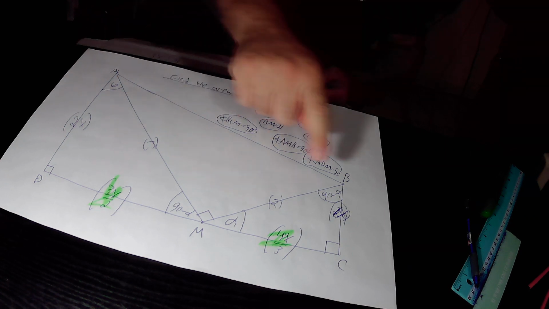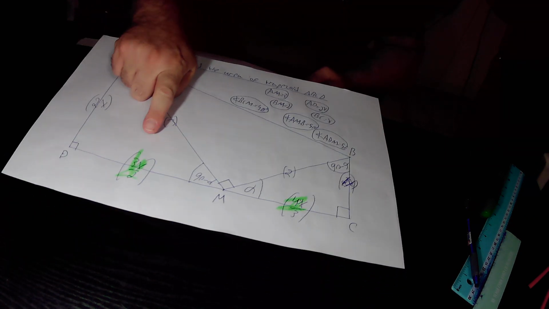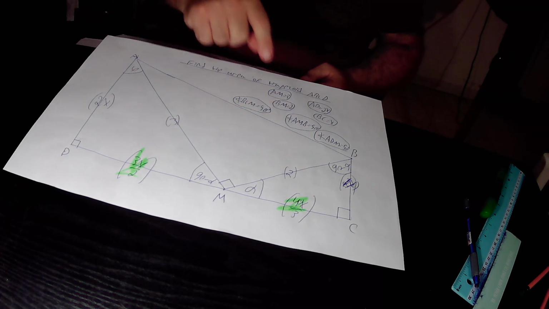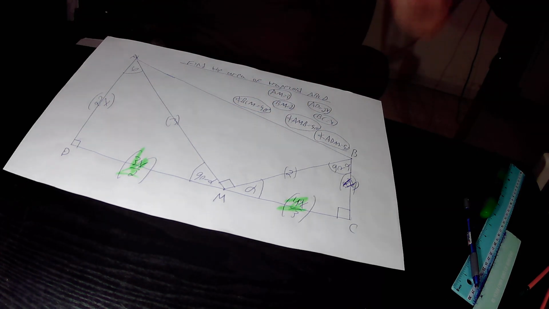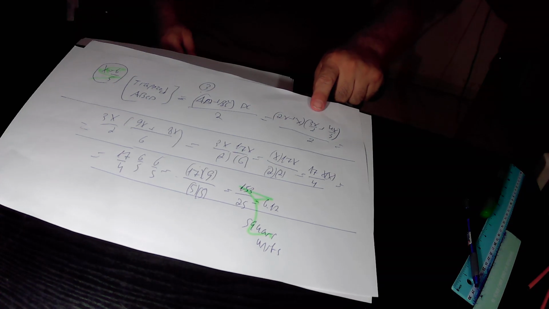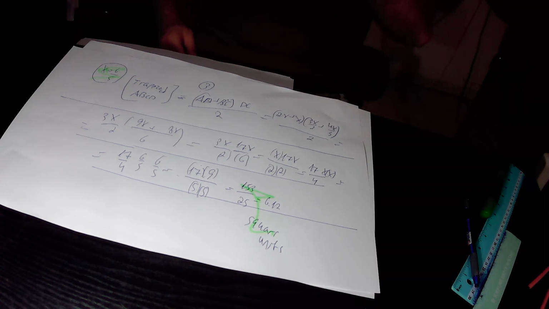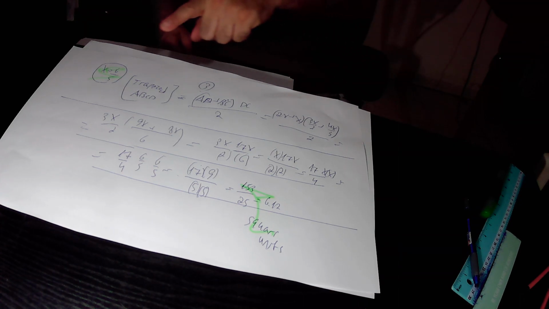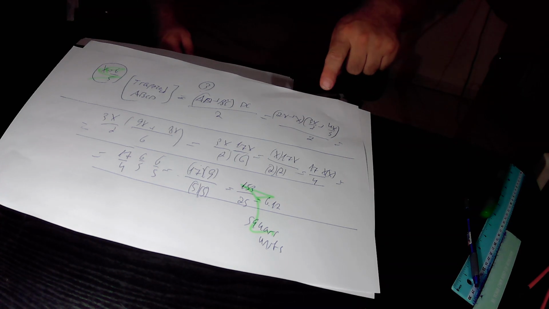times DC. DC in total equals 3x over 2 plus 4x over 3. And again, DC in total equals 4x over 3 plus 3x over 2, all divided by 2. 2x plus x is 3x, so we have 3x over 2.